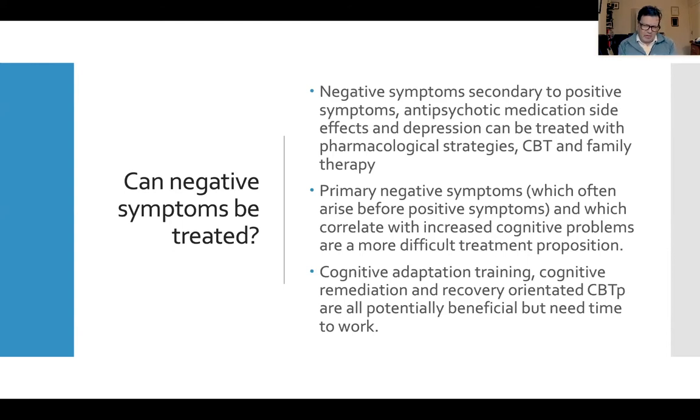And if you think about how your loved one's psychosis developed, the primary negative symptoms tend to come on first. So quite often you will find, say, a young person at school, they're starting to get very withdrawn, they're not interacting as well with others, their self-care deteriorates, maybe their concentration's not so good, their homework's not getting done.